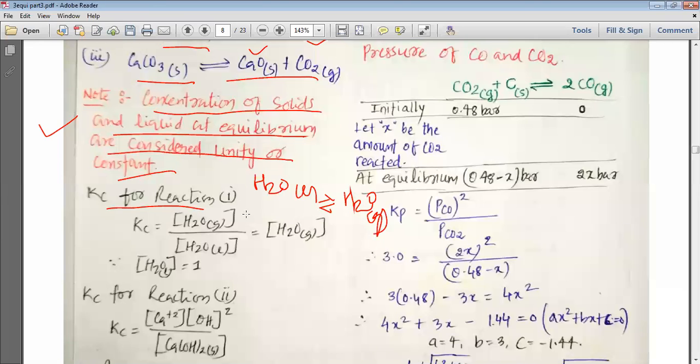So Kc is equal to H2O gas divided by the concentration of H2O liquid. We know that H2O liquid is 1 or constant, and that is why our Kc is equal to H2O gas.